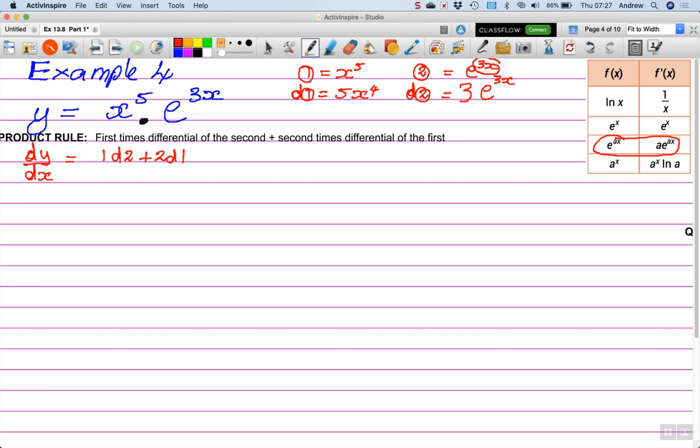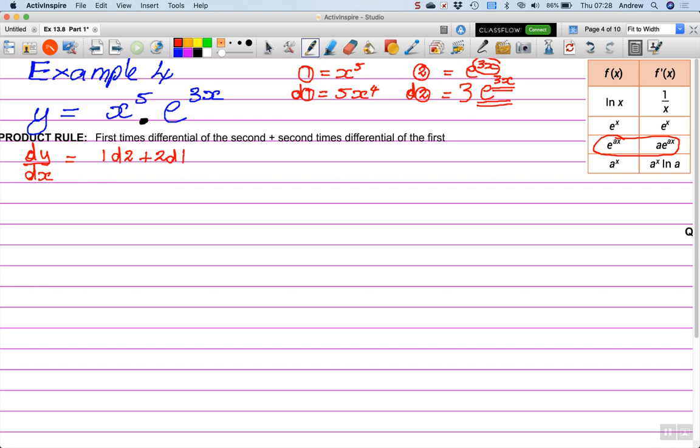But that isn't the way I did it. I didn't use that formula per se. I used a technique: when you differentiate an e function, it does not change, and then you multiply by the differential of the power.